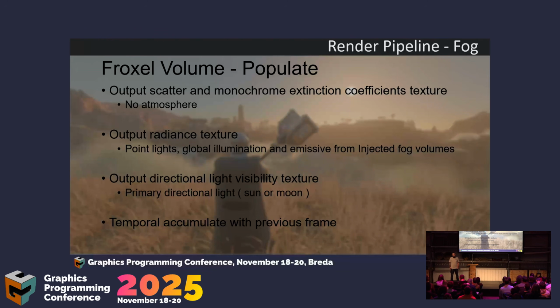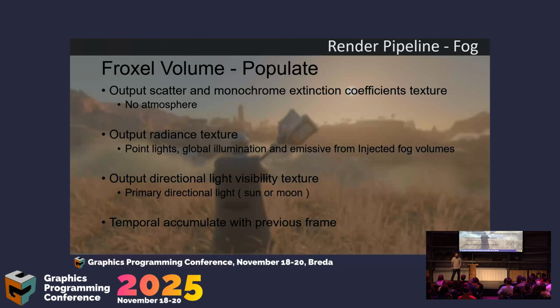The atmosphere is excluded here because Mie and Rayleigh scattering needs a colored extinction coefficient, and we output only a monochrome extinction coefficient in this pass. We also store radiance from point lights, probe-based global illumination, and emissive fog in a second texture. In a third texture, we store visibility for our primary directional light by sampling the cascade shadow map and the volumetric shadow volume. All three textures are temporally accumulated with the previous frame to smooth the result over time.